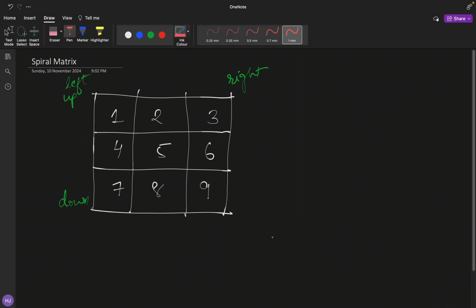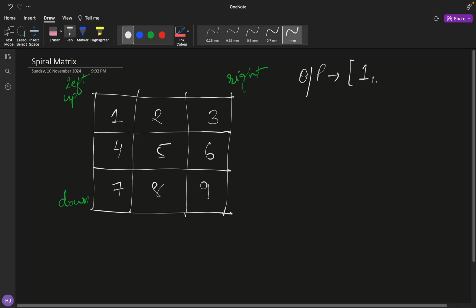So I've drawn a matrix over here, and now let's just jot down the desired output that we are expecting from this result. That is 1, 2, 3, 6, 9, 8, 7, 4, and 5.